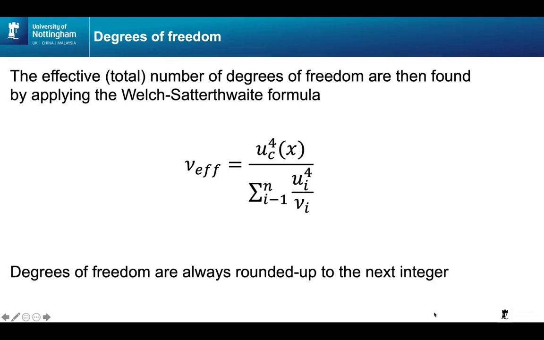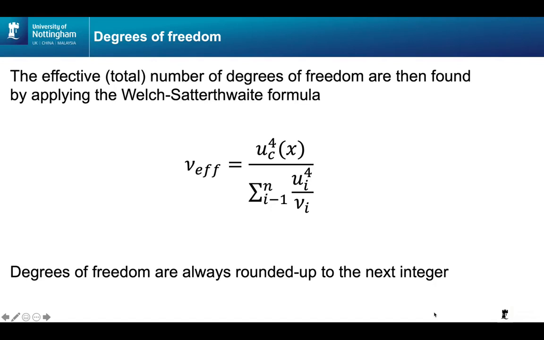There's also an equation known as the Welch-Satterthwaite equation, which allows you, once you've got the degrees of freedom for the various terms, to calculate the effective number of degrees of freedom for the final result.